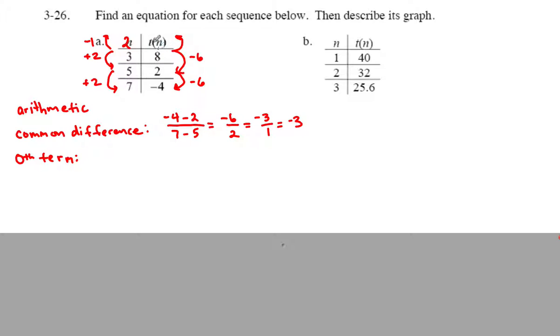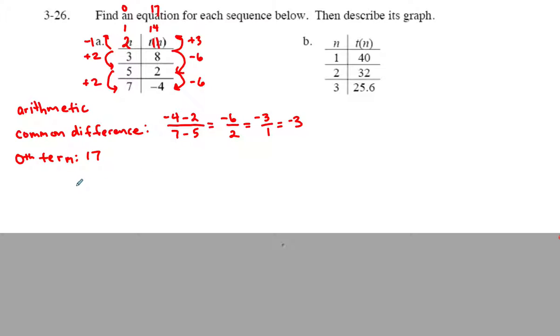So when we add 3 to 8, we should be at 11. To get our first term in the sequence, we would add 3 again, and that would give us 14. And our 0th term, I'll write it up here, would be 17. So our 0th term is 17.